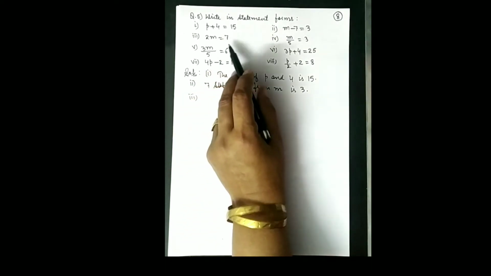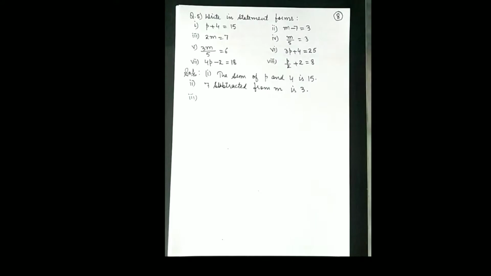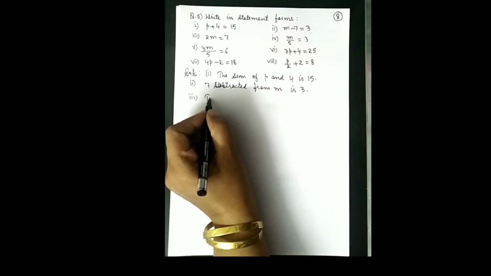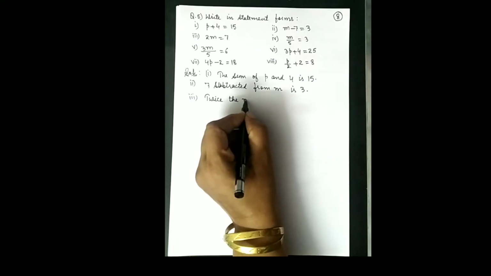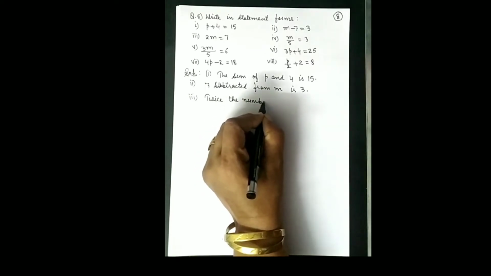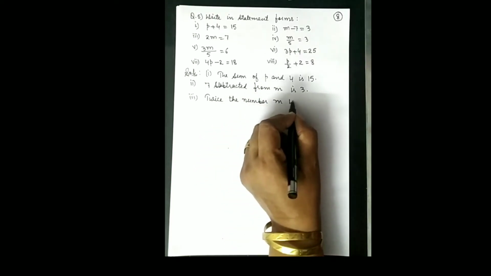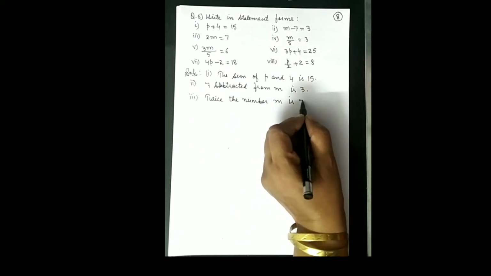Now the third part: 2M is equal to 7. 2M means twice the number M. So twice the number M is 7.